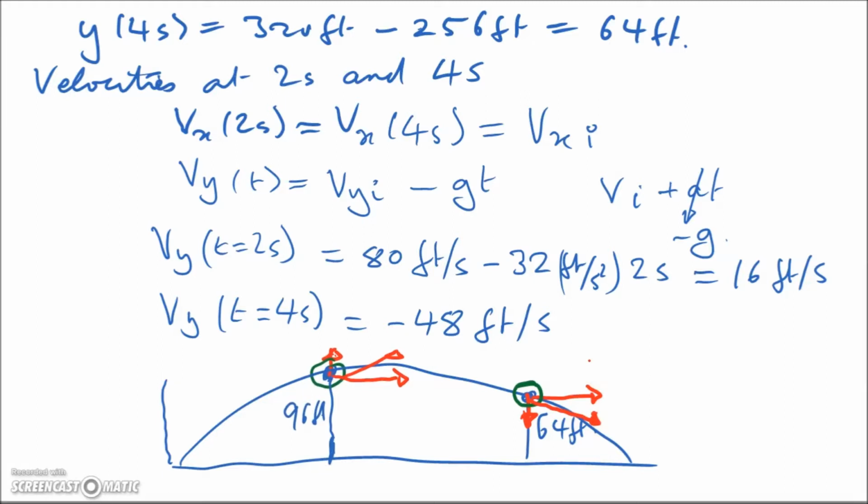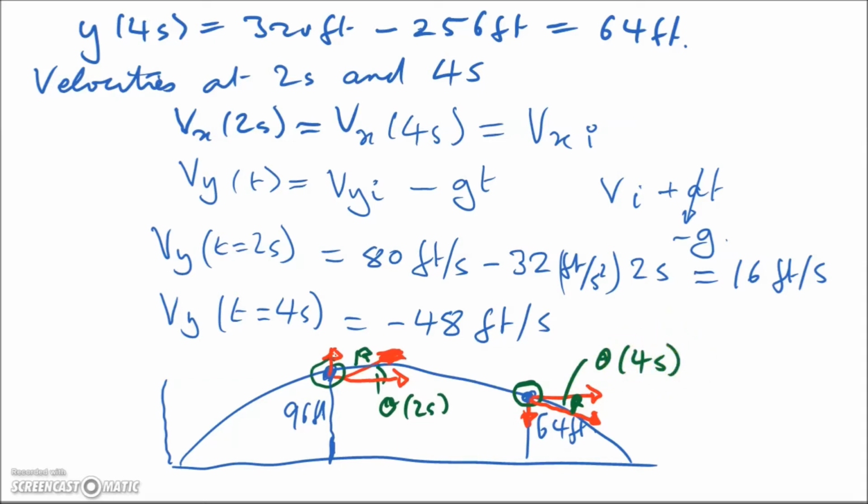However, in the spirit of the question, we're asked to find the vectors and the displacements, and what we're actually being asked to do in that case for the vectors is find the magnitude of the vectors r and the two angles, and I'll label them both by theta, but this is theta at 2 seconds and this angle is theta at 4 seconds.